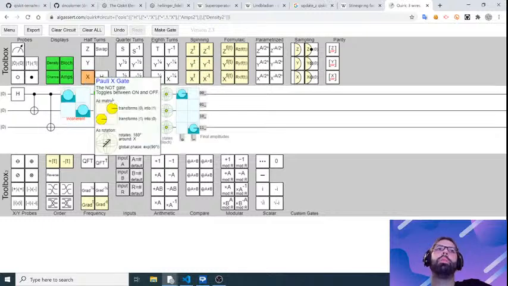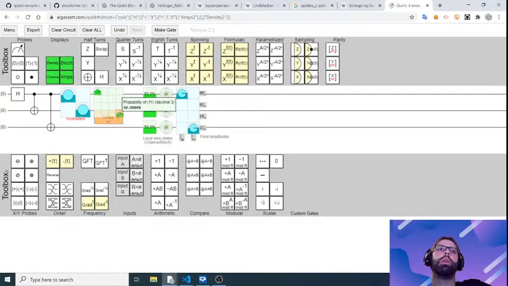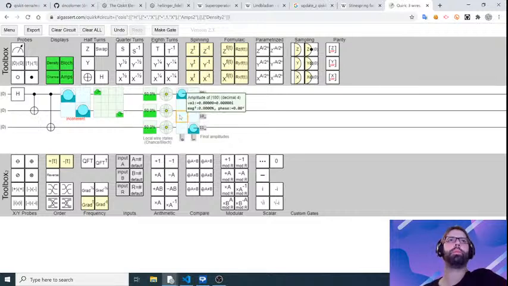I mean, that's still pure, right? I think I can get mixed states in here in Quirk, but it could be interesting to actually extend that.